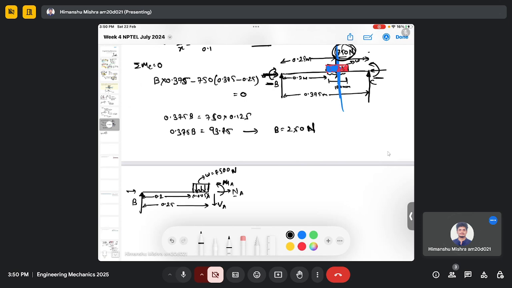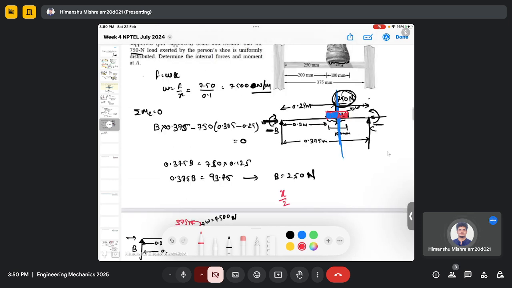So my point load will be 375. And for this uniformly distributed load, my point load will always be in the center, at a distance of x by 2, where x is the distance from any of the edges. So this is actually 375 Newton.